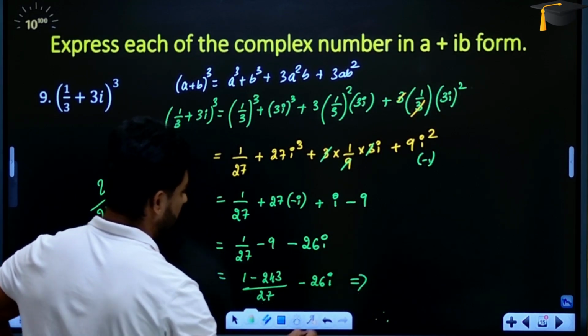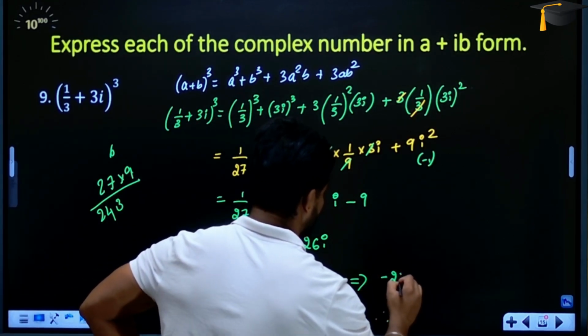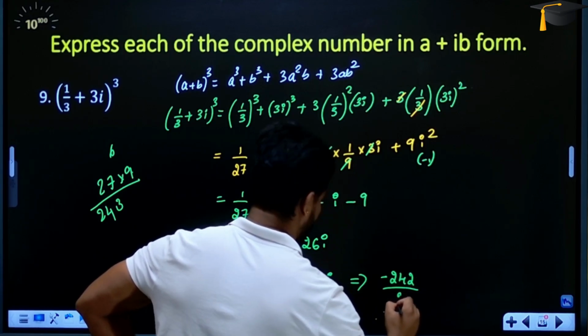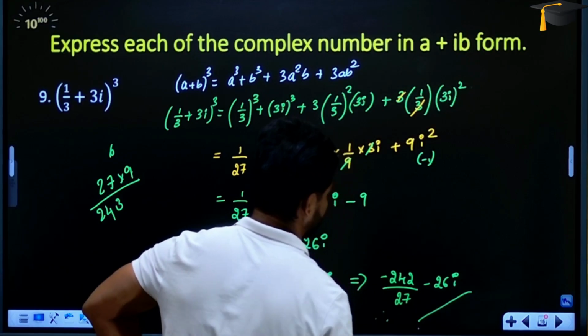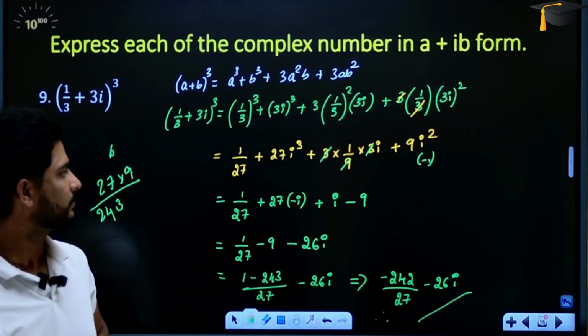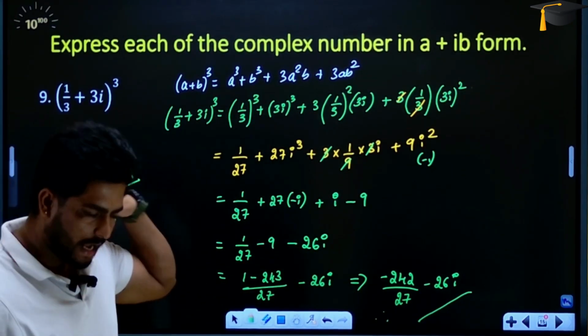So this becomes 242, no? So minus 242 by 27 minus 26 i, children. That's all, it is the final answer. Okay, this much is enough. Clear? So if you solve step by step, you will understand.